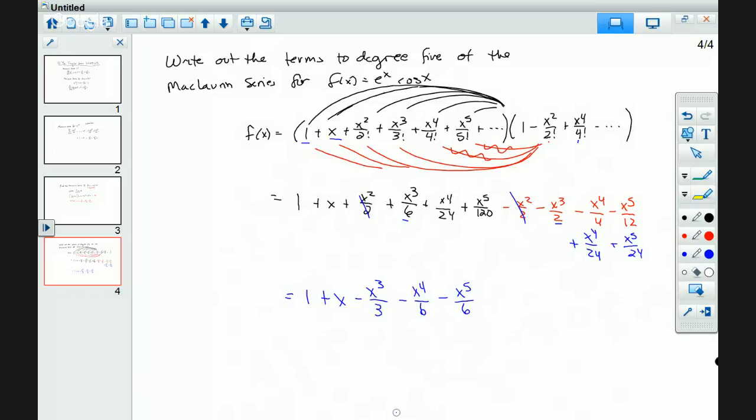Check our answer. Oh, 120. Yes, there we go. So it's going to be 30. I changed my denominator.